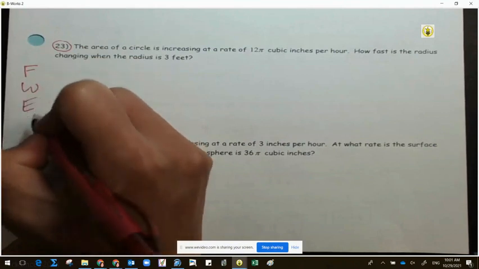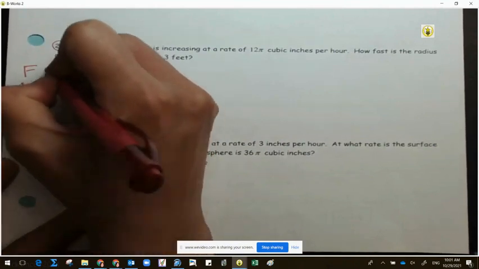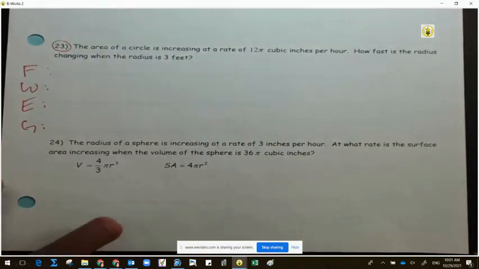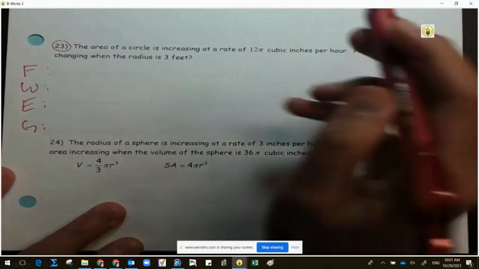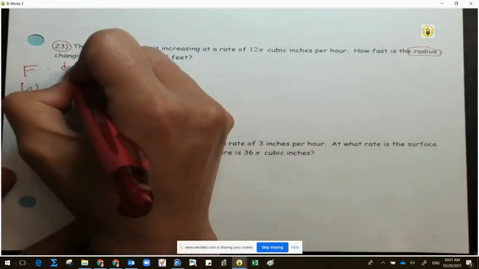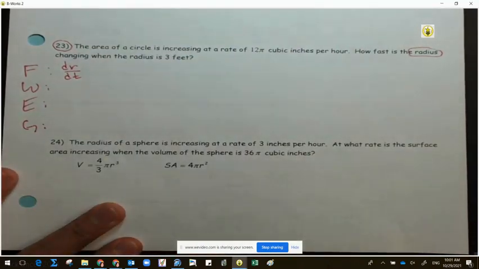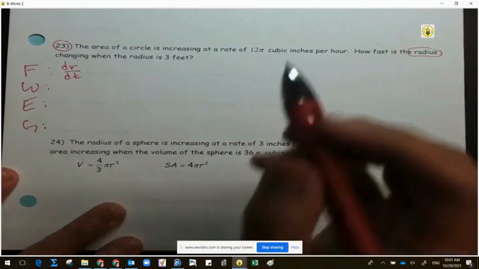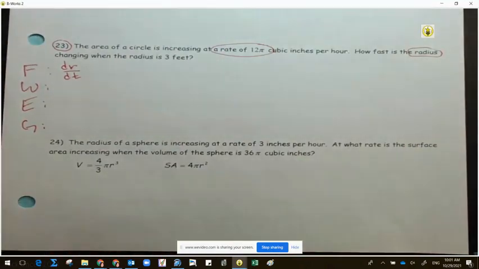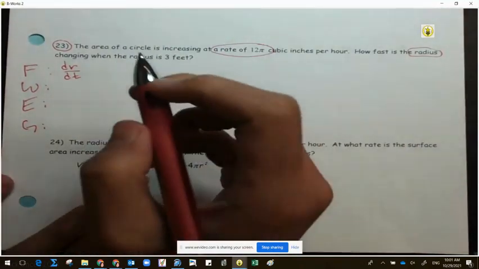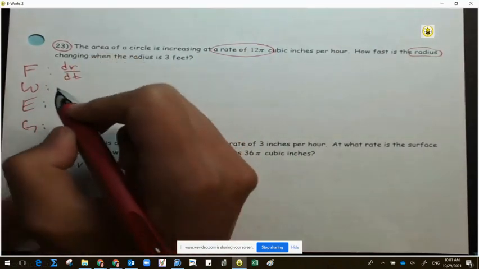Twiggy. Just a way to help. So it says how fast is the radius changing? So we're going to write out d what? dr over dt, since it's a change in the radius. And the rate is the given rate. And what is that given rate telling us? It is d what over what?